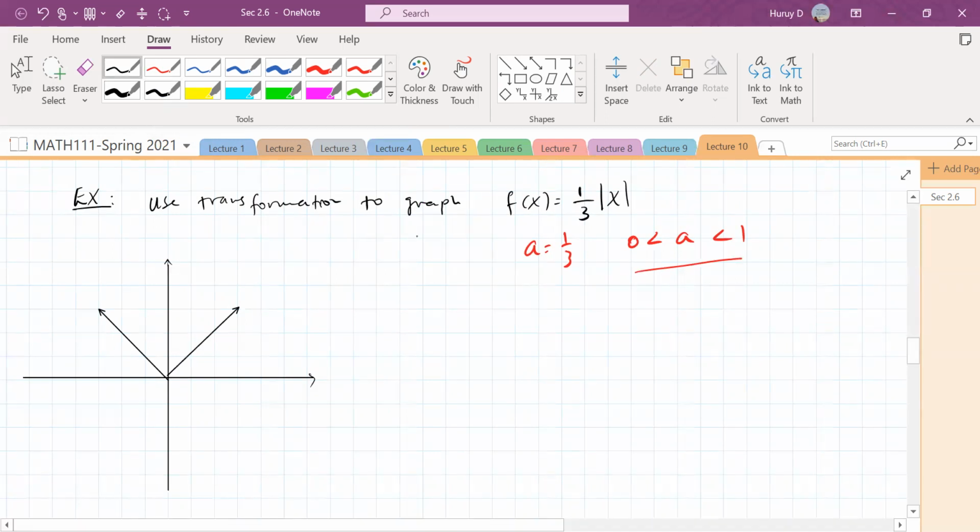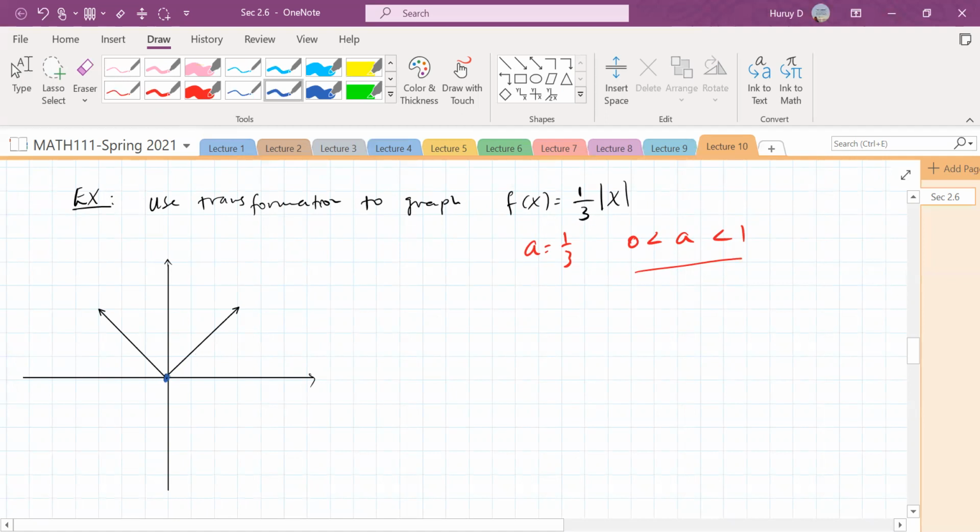So now, how do we shrink this one? You take some point. For example, if I take this point and I shrink this one, well, it will still be there, right?